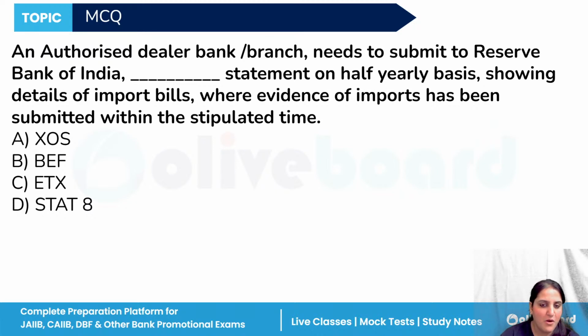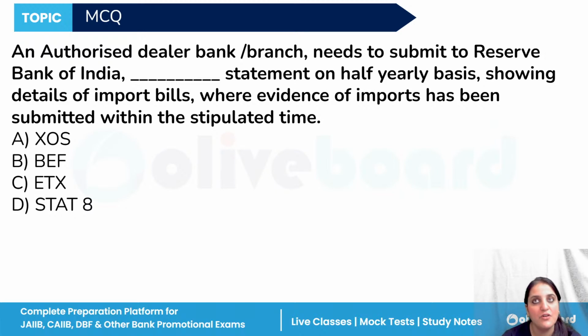See, if we talk about XOS, it typically relates to exchange transactions, but not specifically to import bills. But if we talk about the BEF statement on a half yearly basis, it shows the details of import bills where evidence of import has been submitted within the stipulated time, and it is also mentioned on the RBI's website.